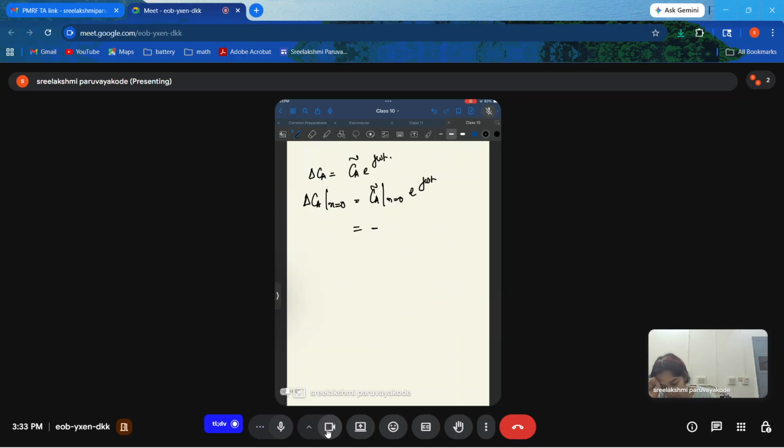This part, minus ΔIF by F into root of jω DA, e to the power jωt, minus ΔIF. This basically, by combining IF into e to the power minus jωt, you will get delta IF.